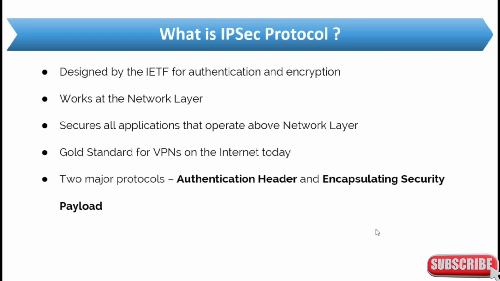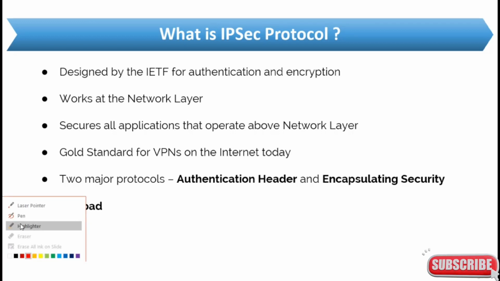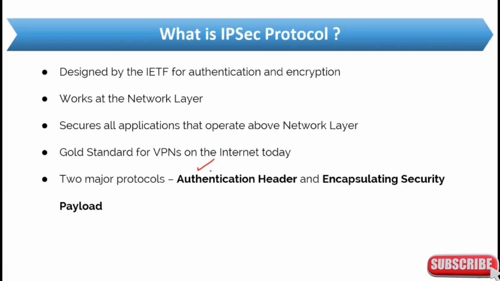Now, IPsec has two major protocols working with it, which are the authentication header, AH, and the other one is the encapsulating security payload, ESP. This authentication header provides authentication services only. Authentication services means they authenticate the user through different mechanisms like one-time passwords, username, password, login, anything.